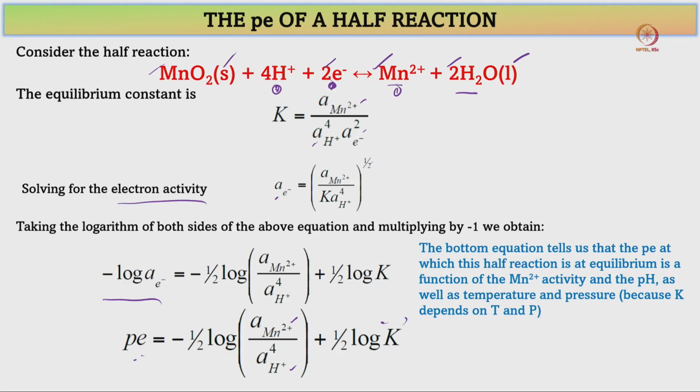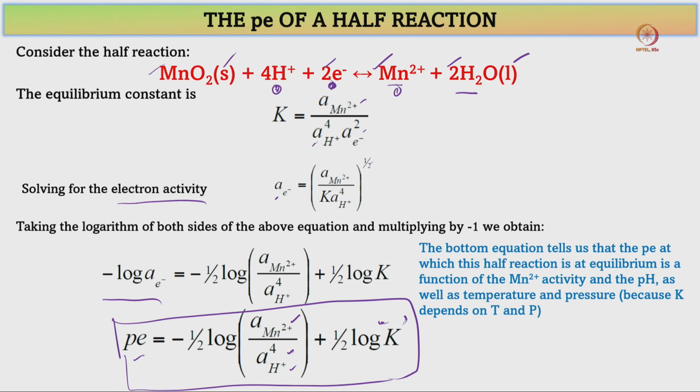So, pe basically depends on the activity of the free ion, the pH and the temperature and pressure at which the reaction is occurring. So, this is how we are going to write the pe of a reaction. From any reaction that you are given, you should be able to write the pe of the reaction.